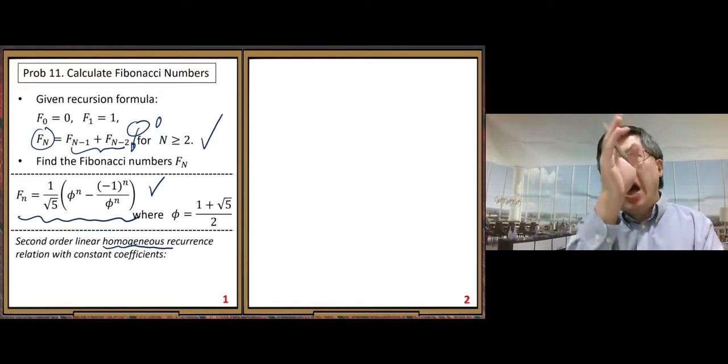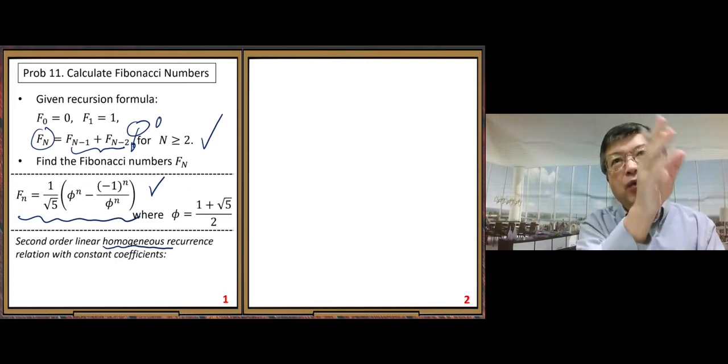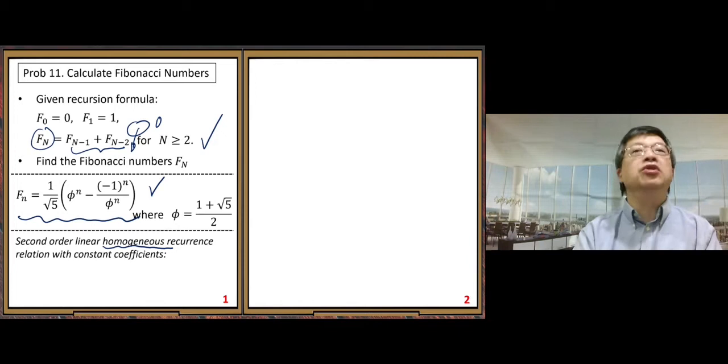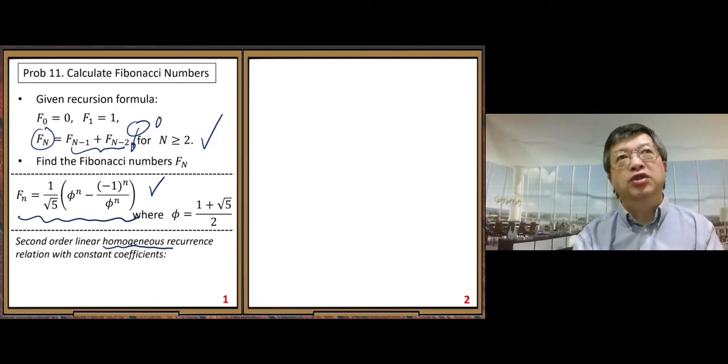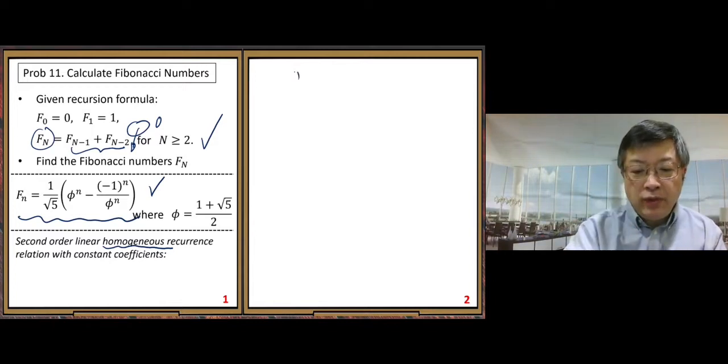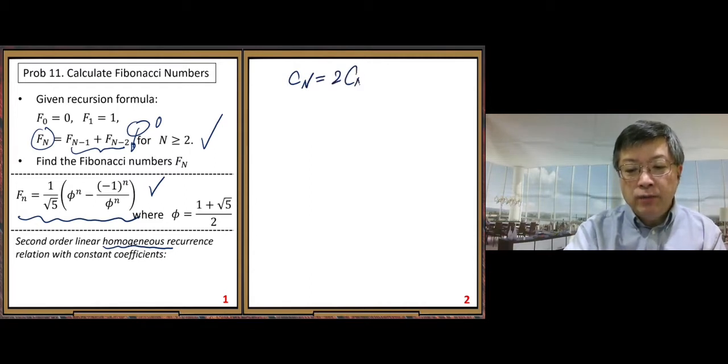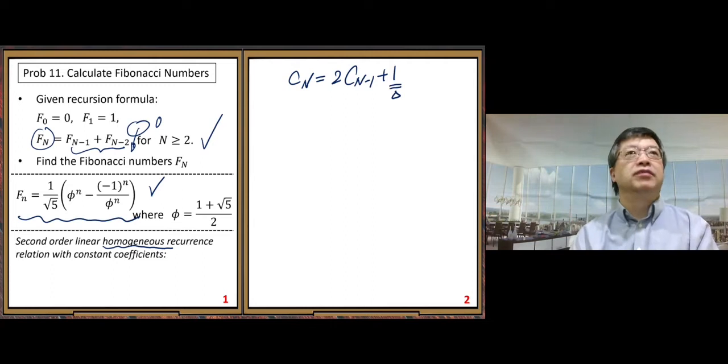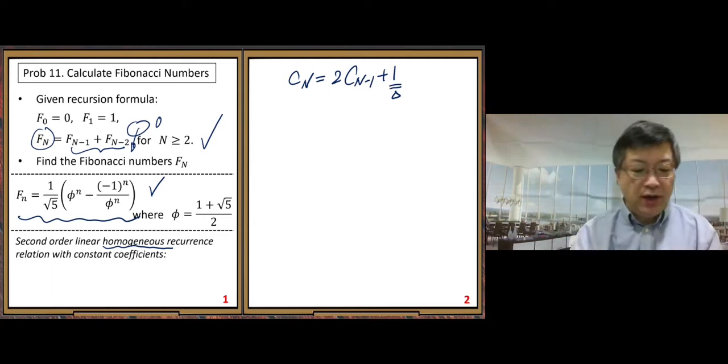The Tower of Hanoi, that first order linear recurrence, is non-homogeneous because we have a constant. We can write it as Cn equals Cn minus 1 plus 1. This is a non-zero constant, so it's non-homogeneous.